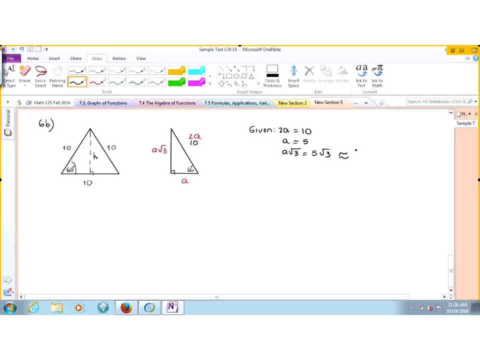Can we get an approximate value? Yeah, you have to use calculator. 8.66? Okay. So that's it, you're done. So this is equal to 5 square root of 3, which is 8.66. That's it, you're done, right?